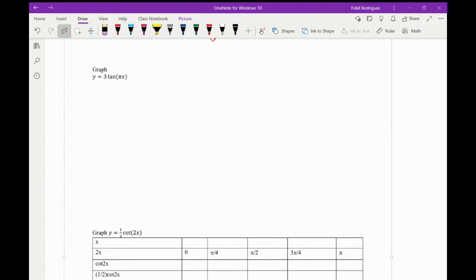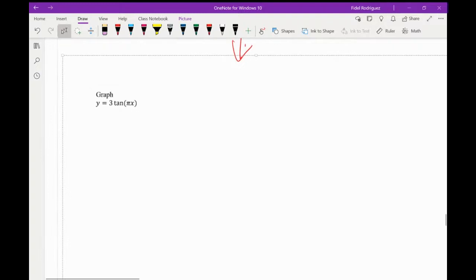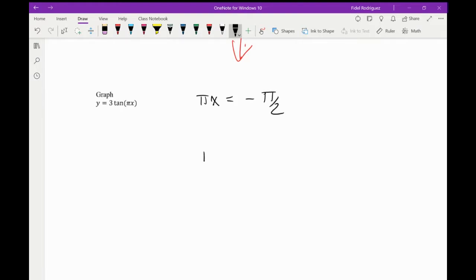Okay, so guys, we're going to go ahead and finish this off. We're going to graph y equals 3 tangent of pi x. So again, the first thing I'm going to do is take pi x and set it equal to those special values.